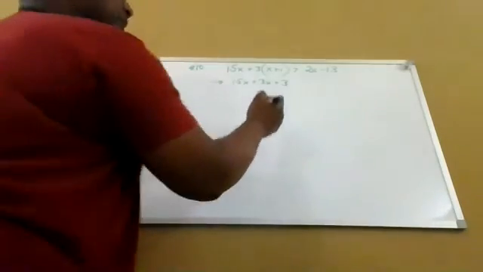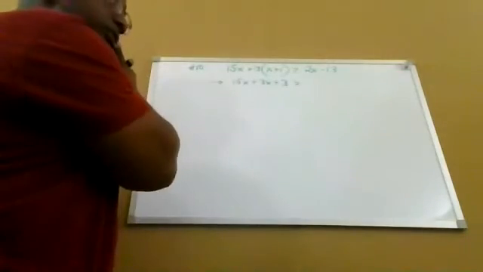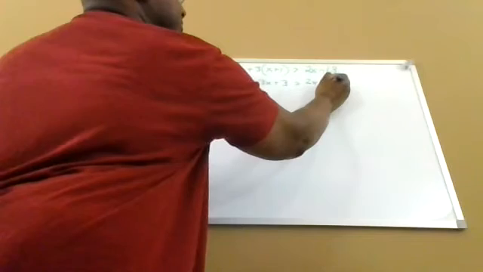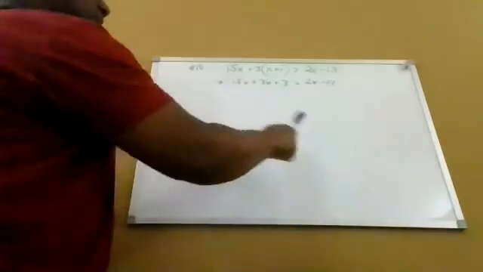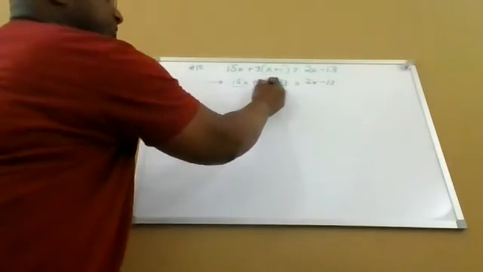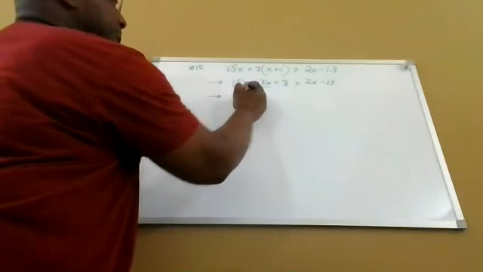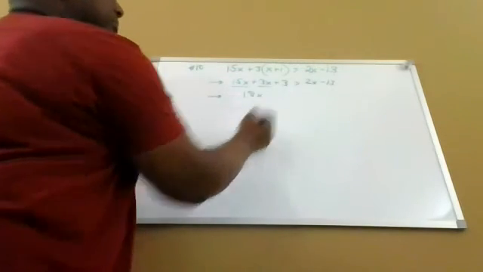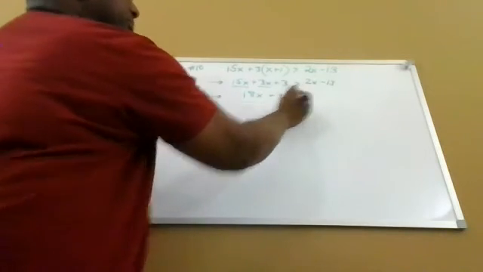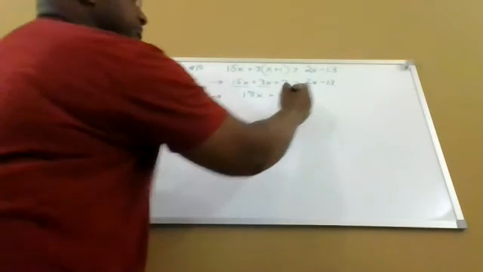Bring down my greater than sign and bring down the right side, which is 2x minus 13. On my left-hand side, I can combine the 15x plus the 3x, which will give me 18x. Bring down my plus 3. Bring down my greater than sign, and just bring down the right side, 2x minus 13.